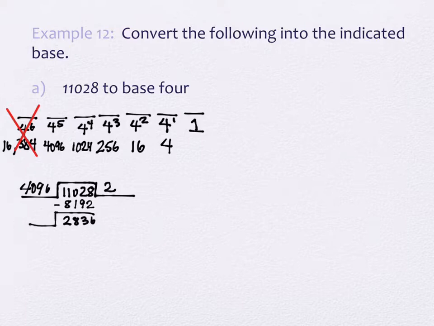Then we do it again with 1 place less. I'm going to shade off the ones we've done. 1,024 is next. How many times will 1,024 go into 2,836? Twice. And that's actually 2,048. So what is 2,836 minus 2,048?